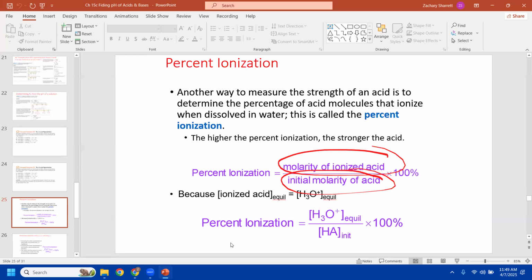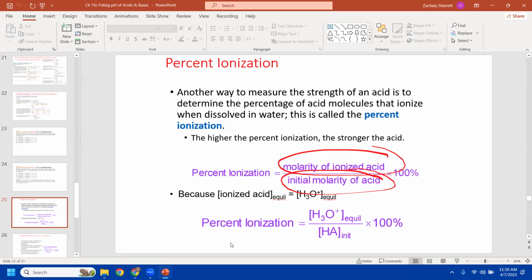If 10 out of the 100 ionize, it would be 10 divided by 100 times 100 would give us 10%, right? If 95% of us took off our hats, we would have 95% ionization, right? So percent ionization is just looking at the molarity of the H plus that you found dissociated divided by the initial concentration. Basically percent ionization is pretty much the 5% rule check.